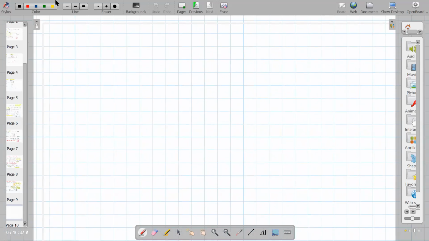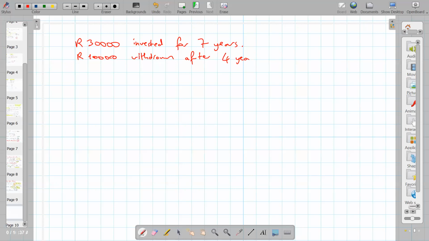So let's say 30,000 rand invested for, for example, 7 years. Now what happens, 10,000 rand is withdrawn after, for example, 4 years.